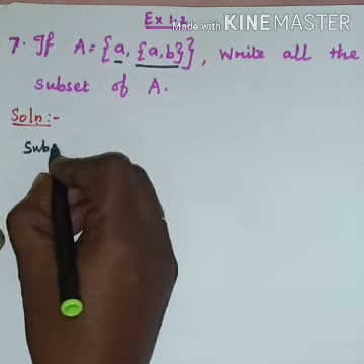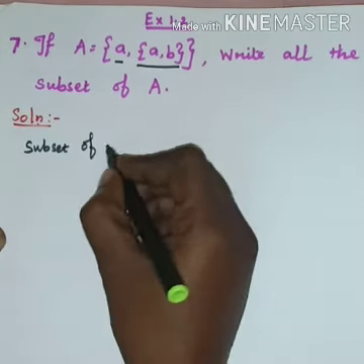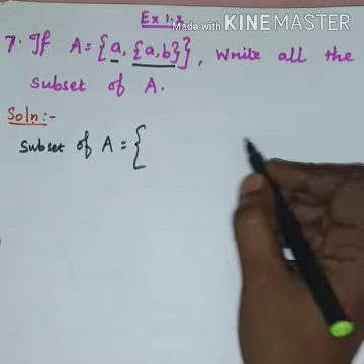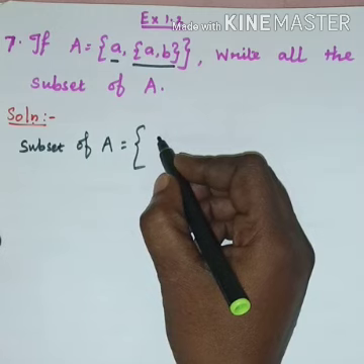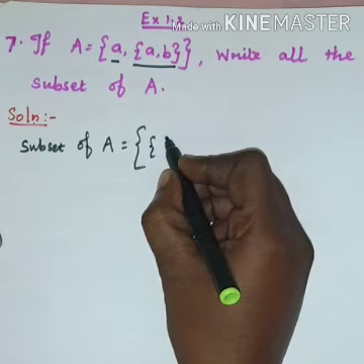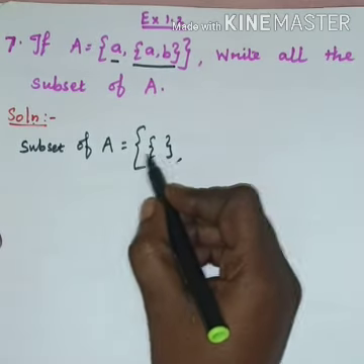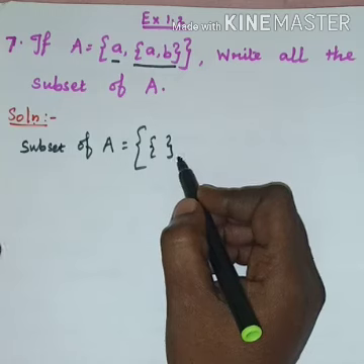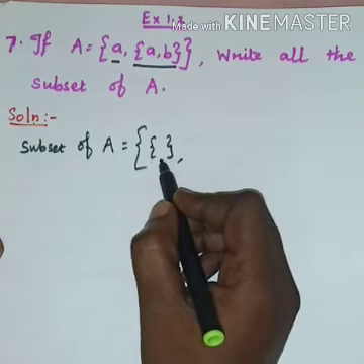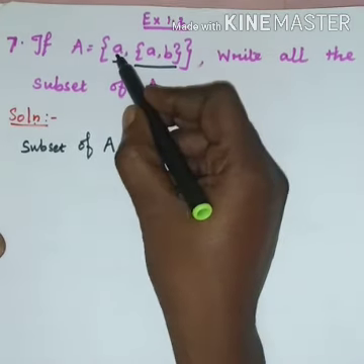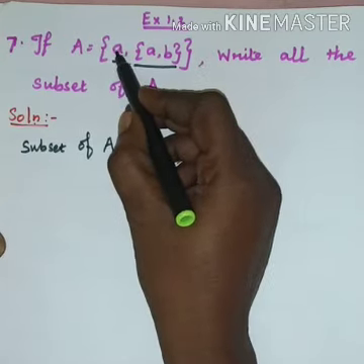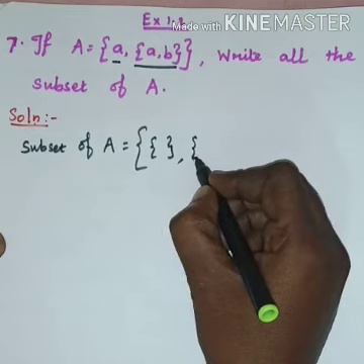So write all the subsets of A. The answer is: subsets of A equal to, open set bracket. First we have to write the empty set, because the empty set is a subset of all sets. For all the sums, if they are asking for subsets, you have to write the empty set first. And then the first element in the set A is a, so we have to write this a inside the bracket.